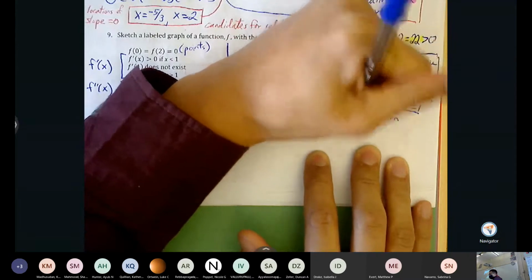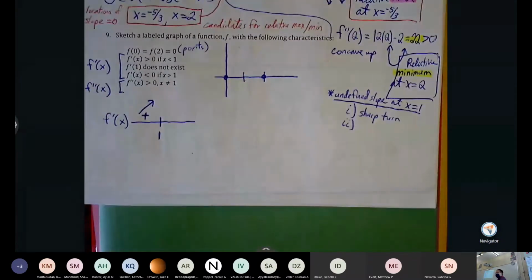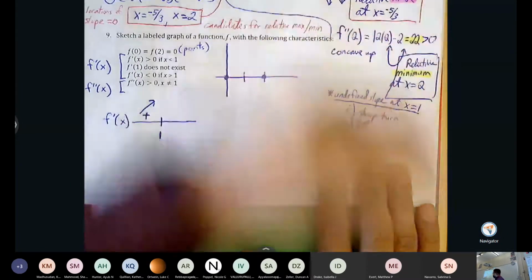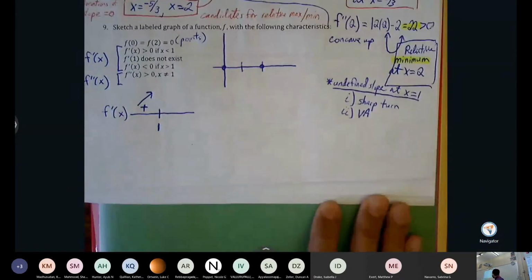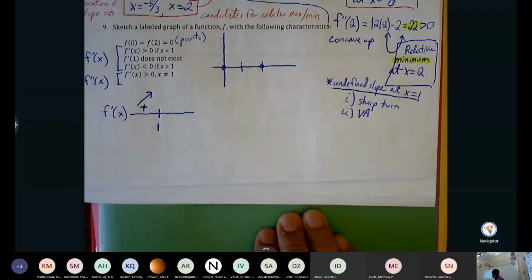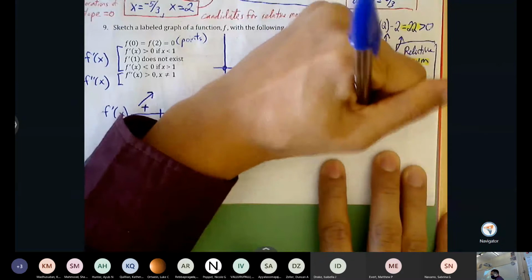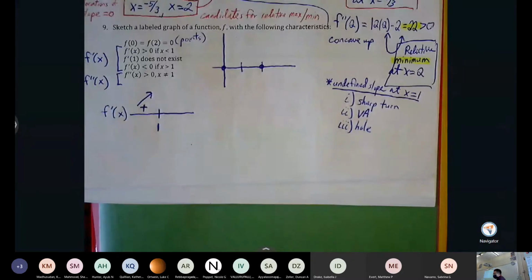But it could also mean where the graph doesn't even exist there, so my slope is undefined. You could create a vertical asymptote, that's a valid conclusion. You could also make it a hole, because whether it's a sharp turn, vertical asymptote, or hole, those are all undefined slope.